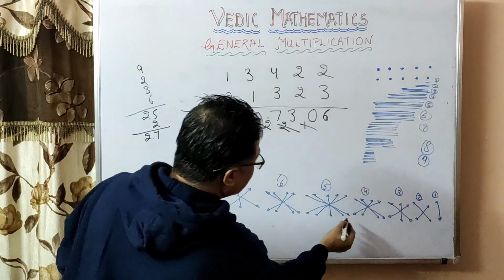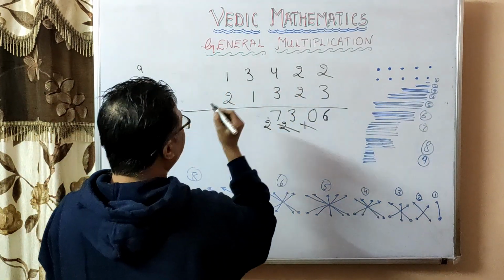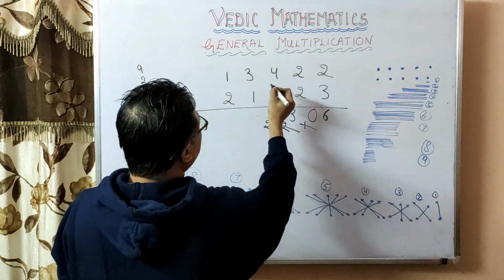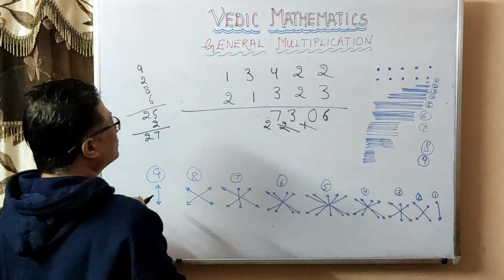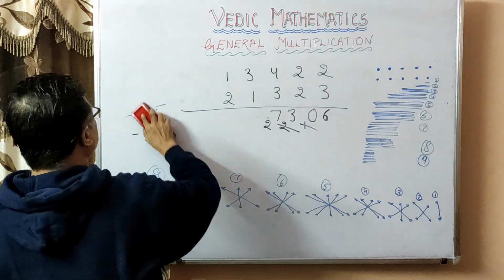Now I come to step 5. And step 5 is like this. So 1 multiply by 3, 2 multiply by 2, 3 with this 2, 1 with this 2 and 4 and 3. So what does this become?